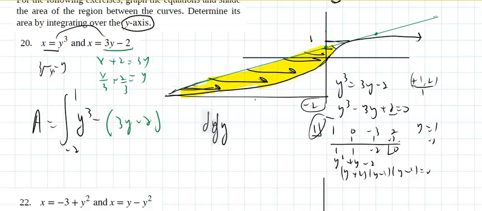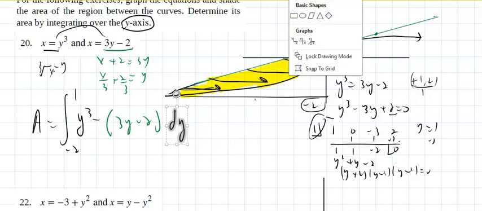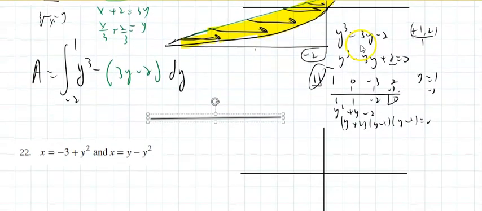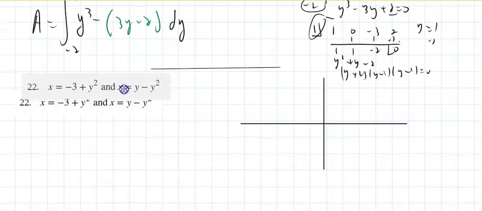So graphing is pretty much half of the problem. A rough sketch will do most of the time, but every now and then it gets tricky like that, and you've got to be careful what type of graph it is. Same here.